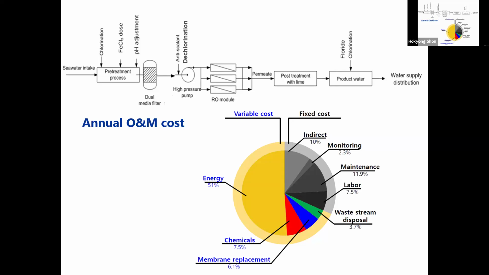How many elements do you need? That's your assignment. Let's say an element costs $500, and you need to design for 250 megaliters per day. How many elements do you need?